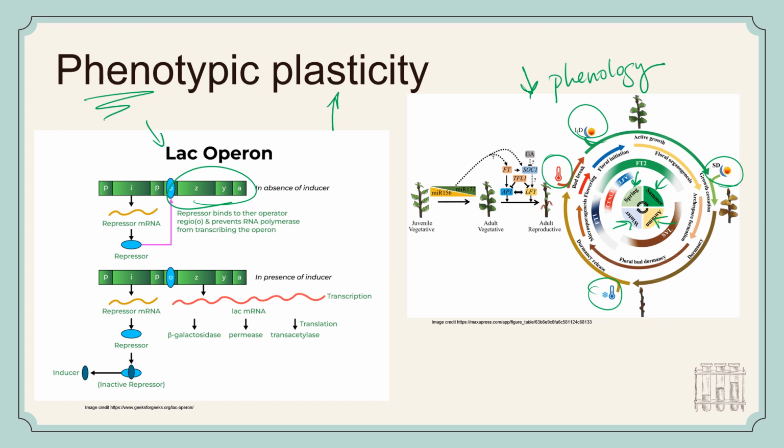Super cool and a little bit stressful when we start thinking about climate change and how that is going to affect the phenology, these seasonal changes in phenotypes, because that could be pretty scary if our trees don't know when to grow leaves.